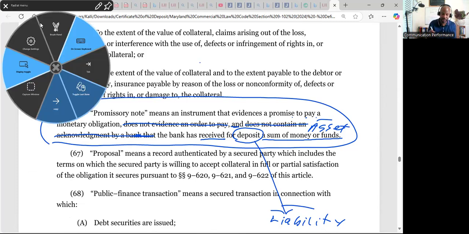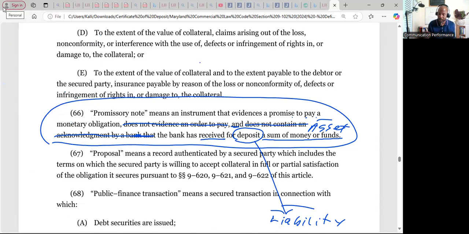So we could just say that the bank received a sum of money or funds, right? Now, once the bank receives a sum of money or funds, their assets increase, their cash under the asset side of the balance sheet increases.